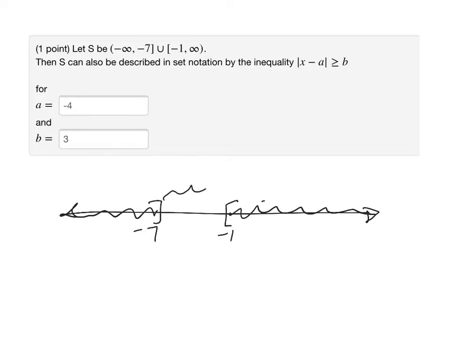It has a distance of 6. Do you all agree the distance is 6? So what's half of 6? 3. So my halfway mark there is a distance of 3 from each one. So if I go back this distance and I go forward this distance, what do you think that number has to be?